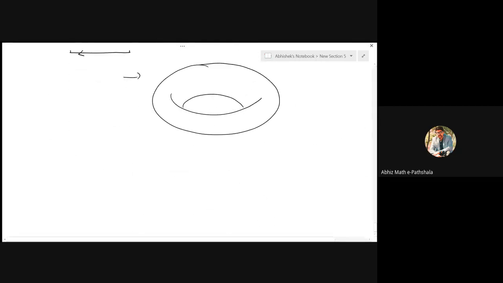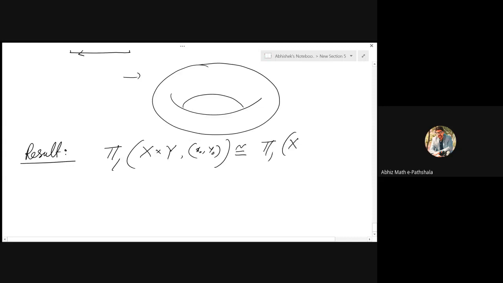That is the result which tells you that for two spaces X and Y, if you specify a point X0 in X and Y0 in Y, then you can prove that pi1 of X cross Y is isomorphic to the direct product of the fundamental group of X based at X0 and the fundamental group of Y based at Y0.